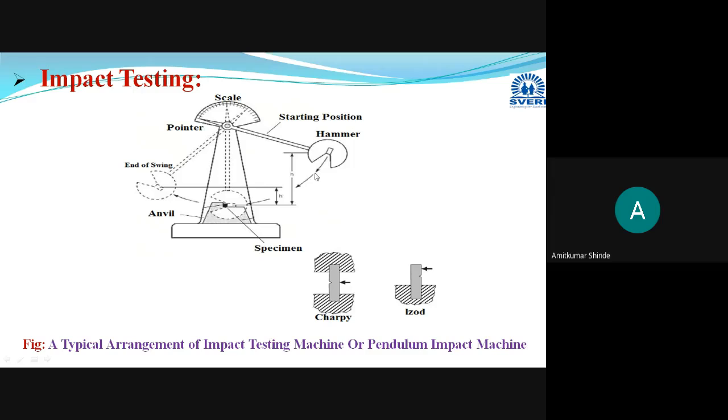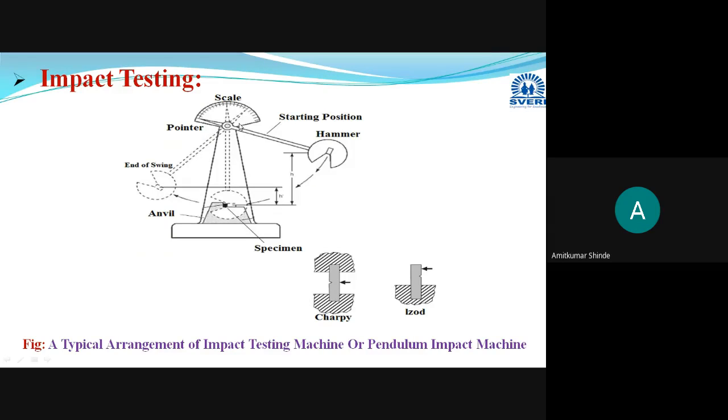You can change the weight of this hammer, or use different heights according to the material used. Then at the top surface there will be a semicircular scale having one pointer. At the end of the test, with the help of this scale and pointer, you will get one toughness value.